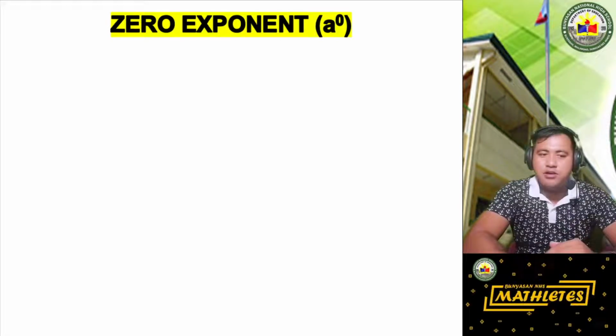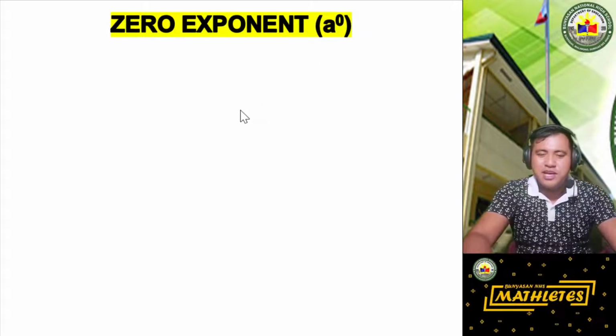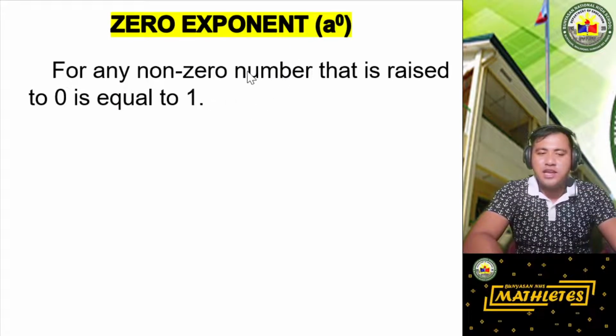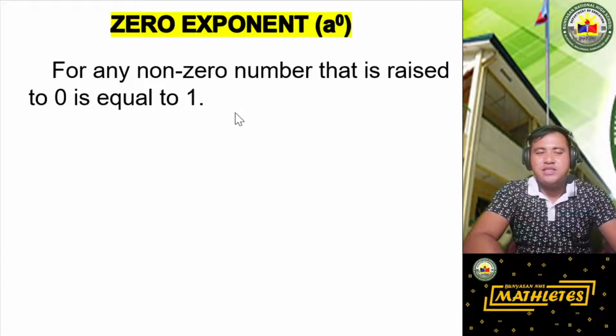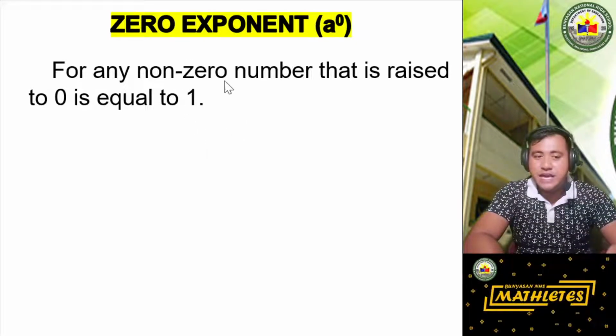We have zero exponent, a to the power of 0. For any non-zero number that is raised to 0, the result is equal to 1. Ibig sabihin, kahit anong numero, wag lang 0, kasi non-zero siya.